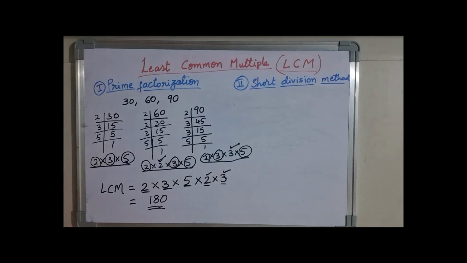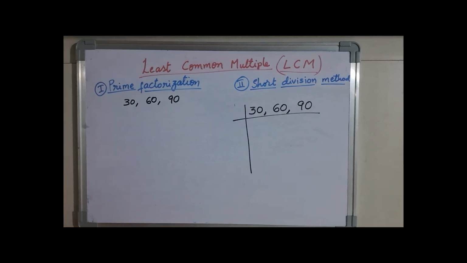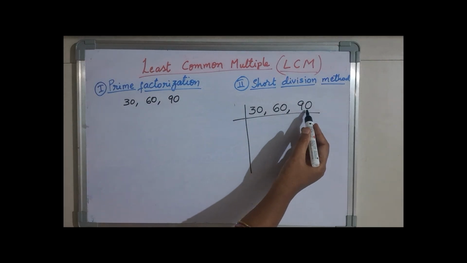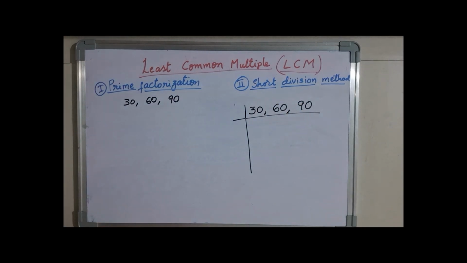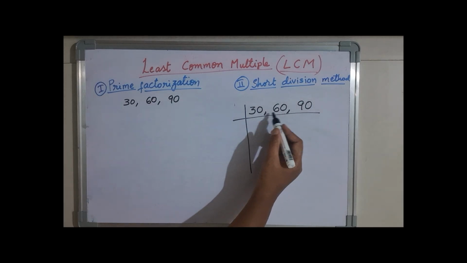Now let us do it in short division. Let us find the least common multiple of 30, 60 and 90 in the short division method, children. We write the 3 numbers here, separating them with commas.